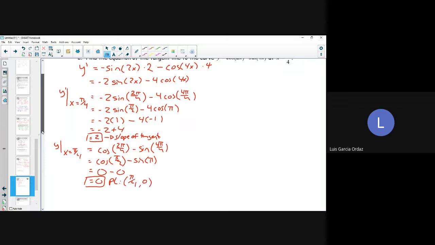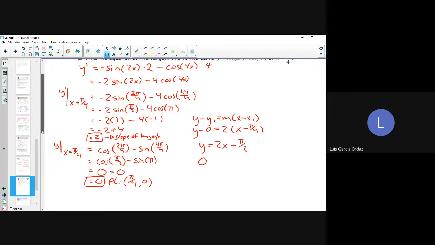And now I can find the equation of my tangent, which is y minus y1 is equal to m times x minus x1, which gives me y minus 0 is equal to 2 times x minus pi over 4. And I get y is equal to 2x minus pi over 2.